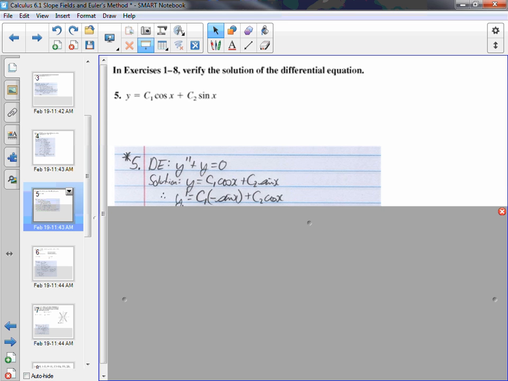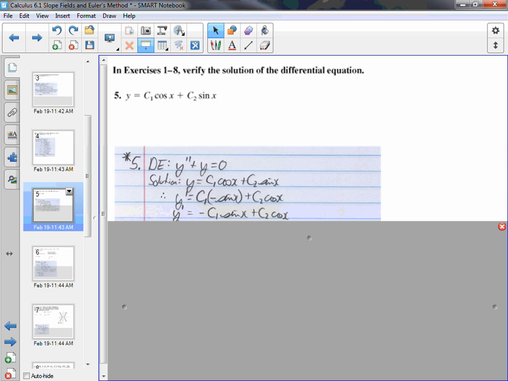The derivative of c1 cosine of x is c1 times the derivative of the cosine of x, which is negative sine of x. And then the derivative of c2 sine of x is c2 times the derivative of the sine of x, so c2 cosine x. And we can write it like that, with the negative in front of the c1. So I've got negative c1 sine of x plus c2 cosine of x.